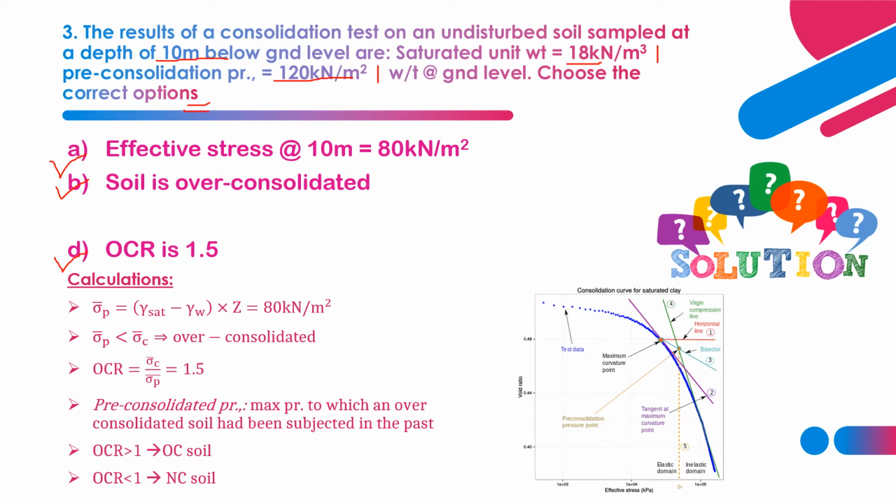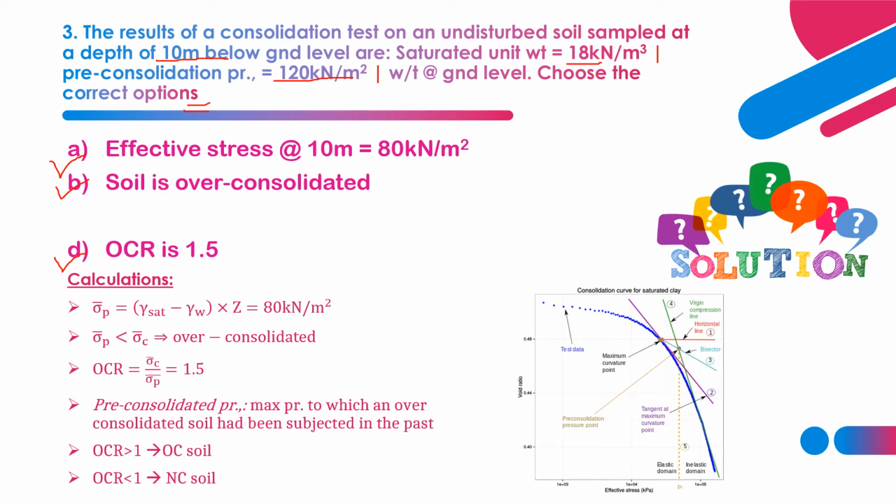So what it means, it is over consolidated. When present is less than the pre-consolidation pressure, then it is known as over consolidated. Otherwise it is normally consolidated, because present is more than the past existed pressure or past existed stress. It means it is normally consolidating.